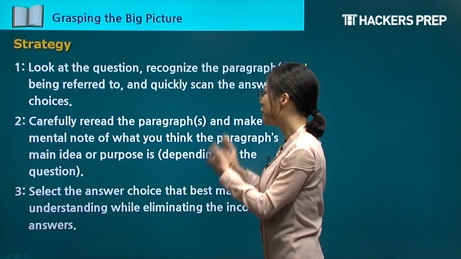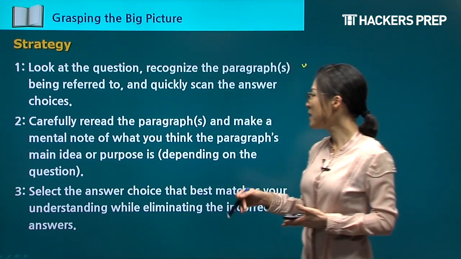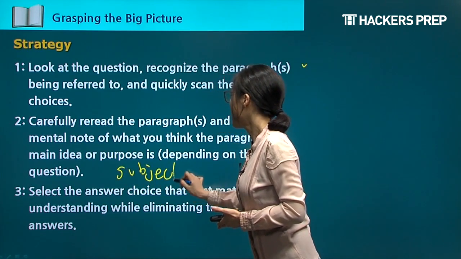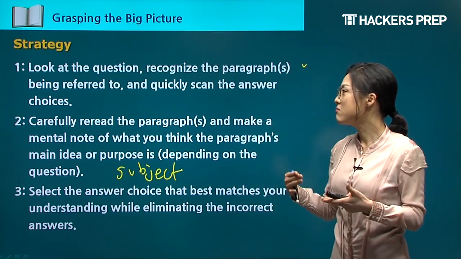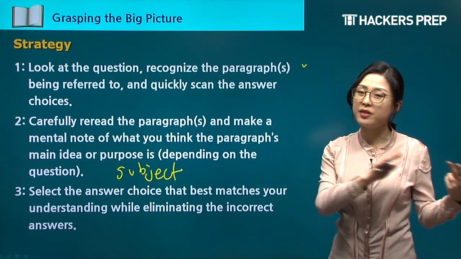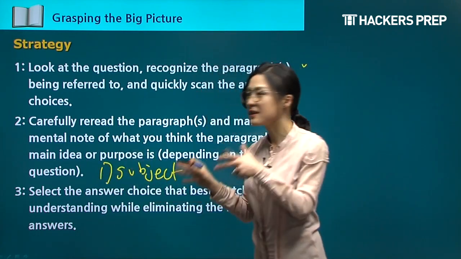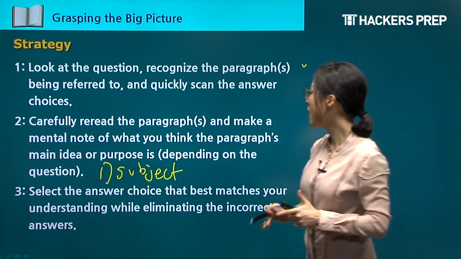When you are reading the paragraphs and taking mental notes, you want to make sure you are focusing, firstly, on the main subject of the reading passage as a whole. The paragraph should still be about this one subject. We're just looking at how that subject is described or discussed in that specific paragraph.